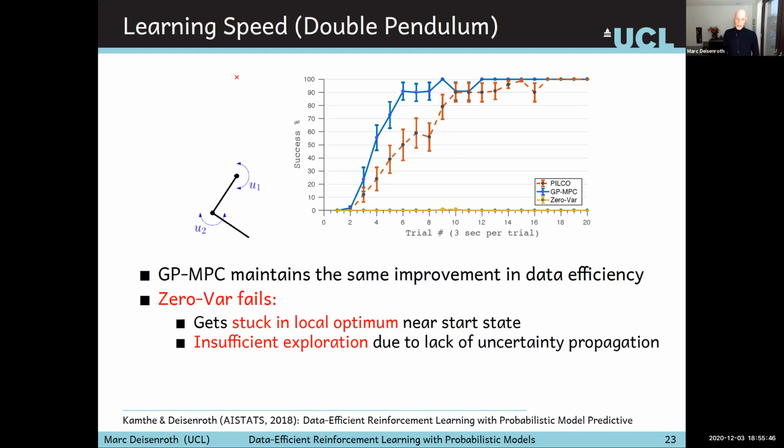So now this is a different system, a double pendulum system. But we have the same kind of pattern here, that with model predictive control, we learn faster. 40% again is the number that we gain. The only significant difference now is that the zero variance approach, where we throw away the uncertainty of the Gaussian process and just take the mean, fails.